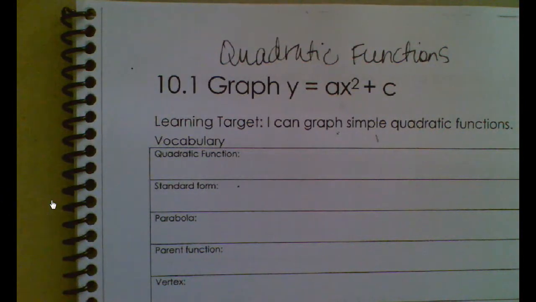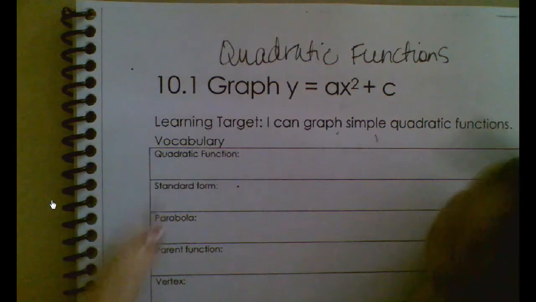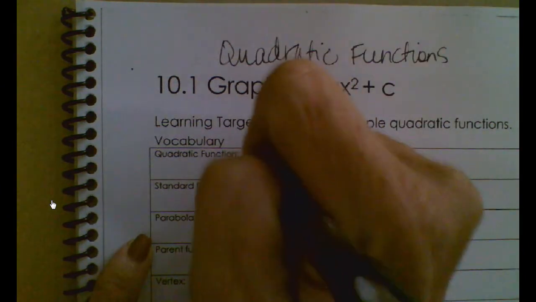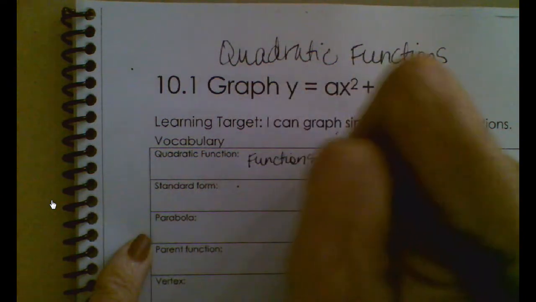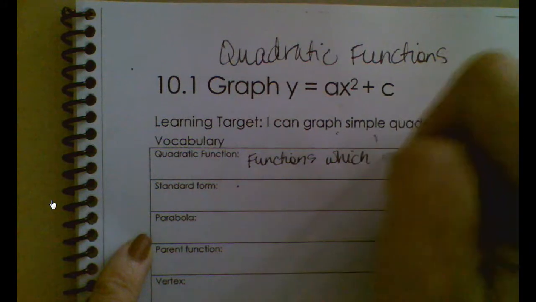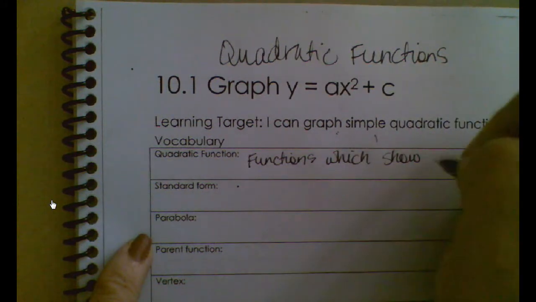Okay, so we are starting Unit 4, which is graphing, anything to do with quadratic functions, solving them, graphing them, all of it. So, quadratic functions are functions which show two solutions usually.